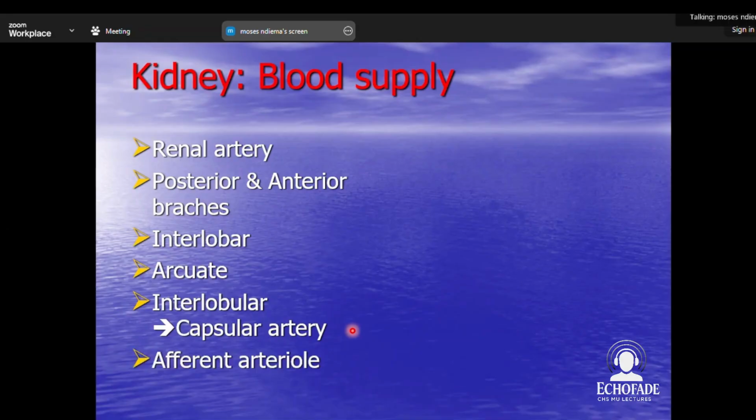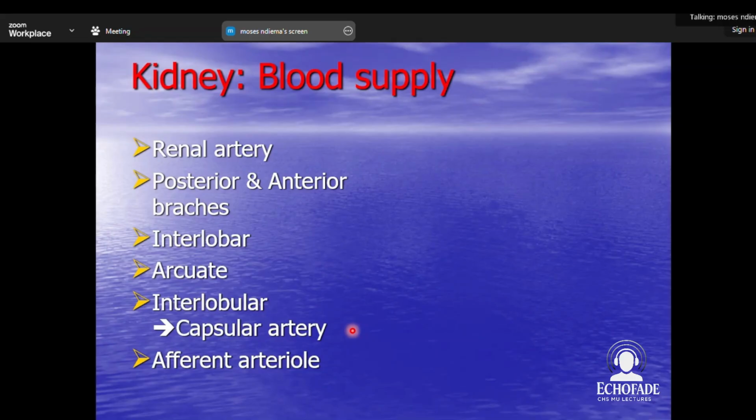From these afferent arterioles, the blood goes to the glomerulus, which is the tuft of capillaries. And after the glomerulus, we have the efferent arteriole, and then the efferent arteriole goes to form what we call the vasa recta. The vasa recta is a capillary network that surrounds the loops of Henle, dipping all the way into the medulla.